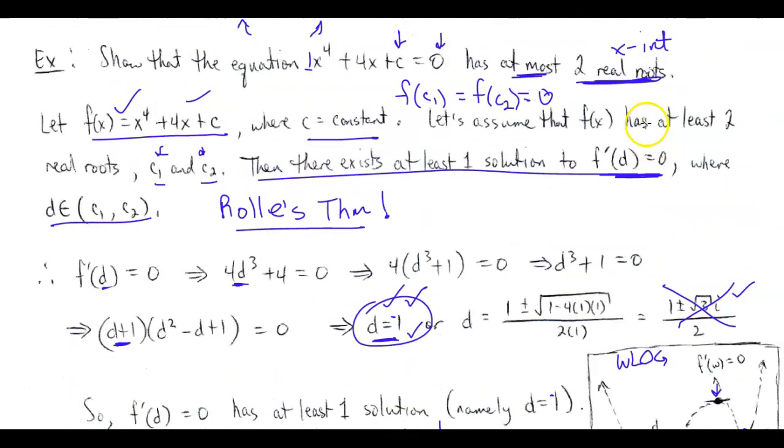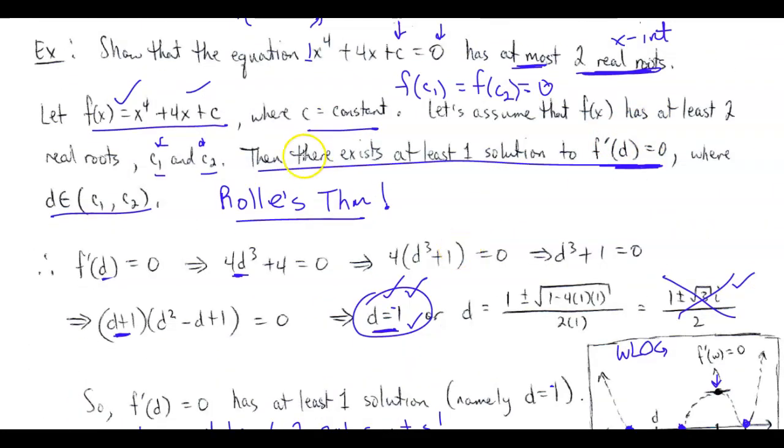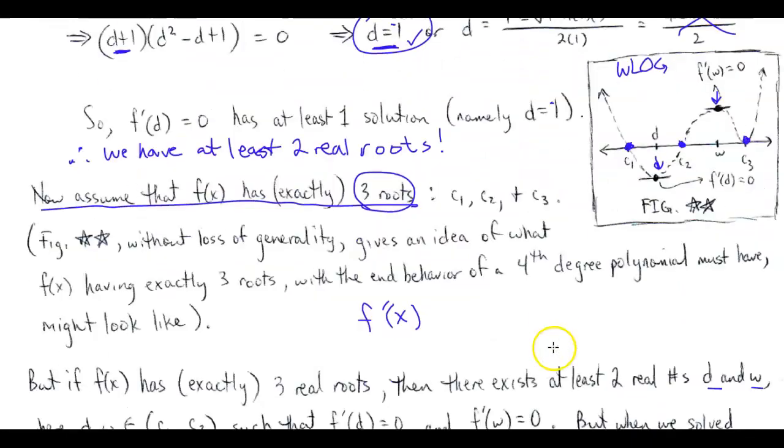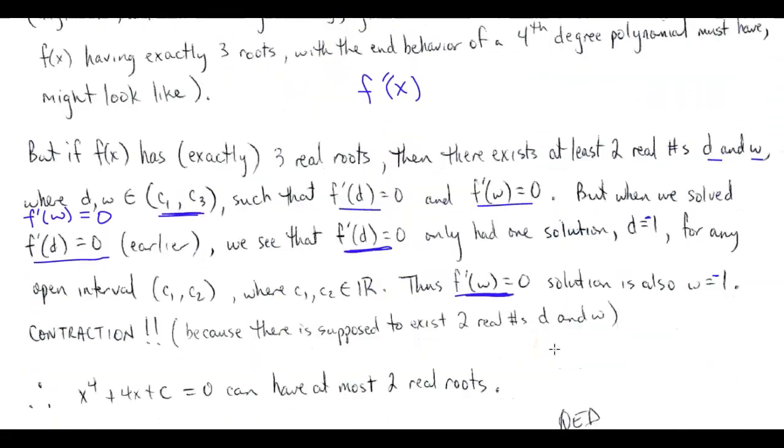I can only have the situation where my graph either looks like this or looks like this. And that's essentially what Rolle's theorem was telling us whenever we established that we had at least 2 real roots. So because of that, we know that we have a contradiction.